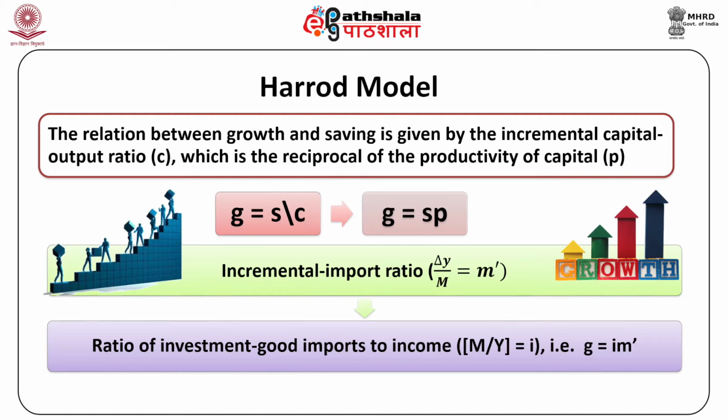Likewise, the growth rate can be expressed as the product of the incremental import ratio, that is delta Y upon M, which is denoted as M dash, and the ratio of investment good imports to income, that is M upon Y, which is equal to I. That is, G is equal to I into M dash.